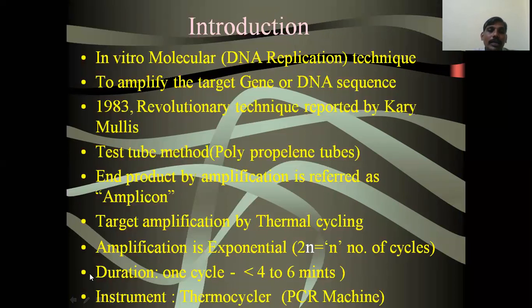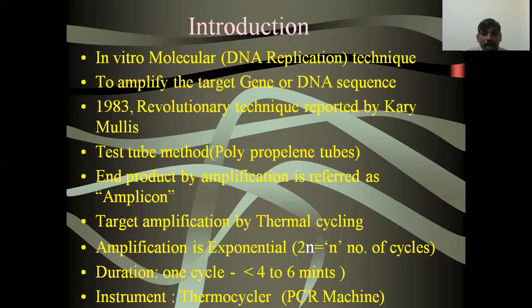Nearly 25 to 30 cycles are operated in the PCR mechanism, and we get billions of copies. One cycle takes nearly 4 to 6 minutes. So within a short period of time, that means 4 to 5 hours, we complete the PCR process and get several copies of the DNA molecule.